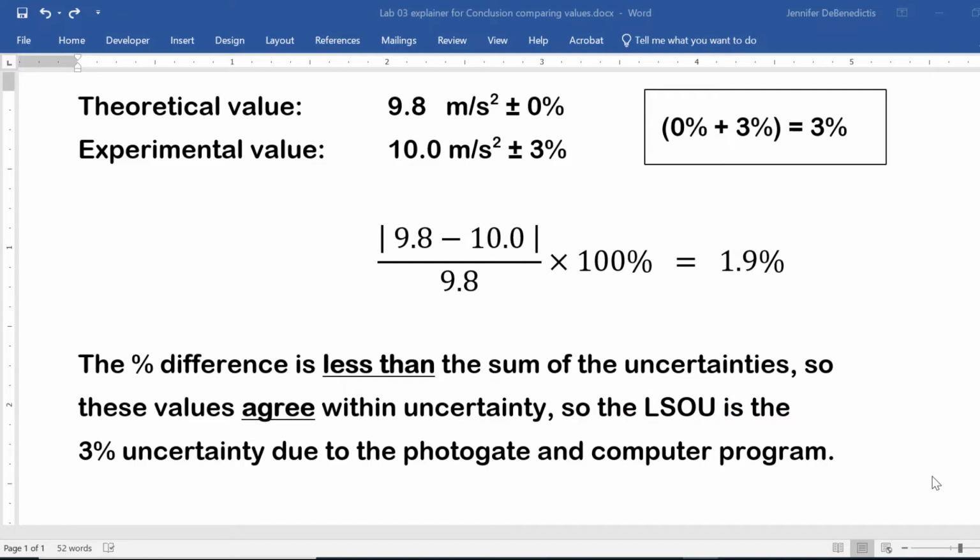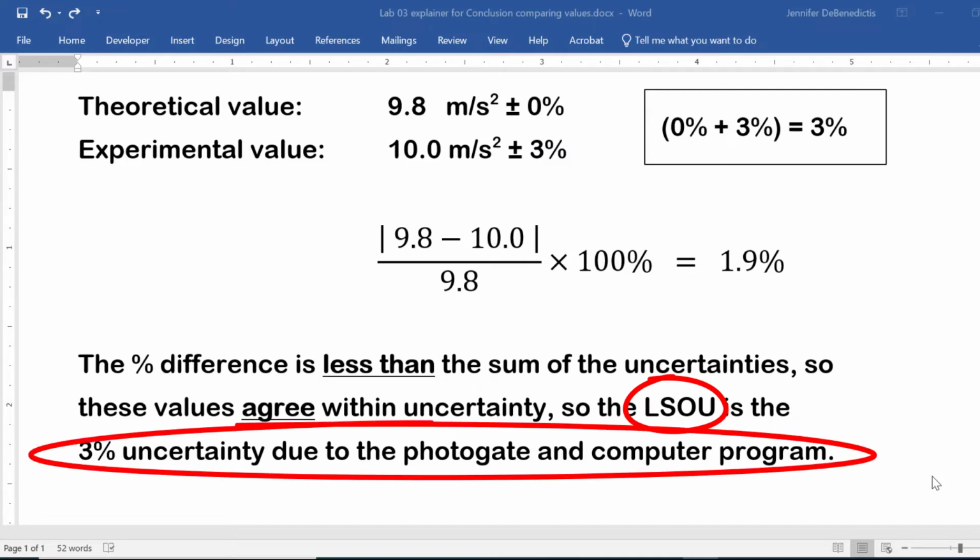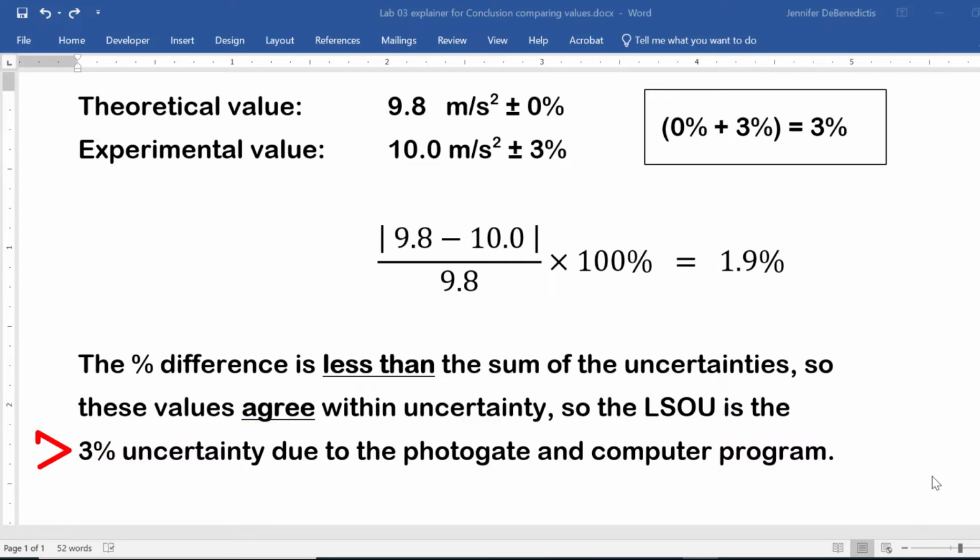So in this first experiment, we've only got two uncertainties, 0% and 3%. 3% is bigger, so that's our largest source of uncertainty, and it was due to the photogate in the computer program. So that's what you would say in your conclusion. The largest source of uncertainty was the 3% due to the photogate in the computer program.